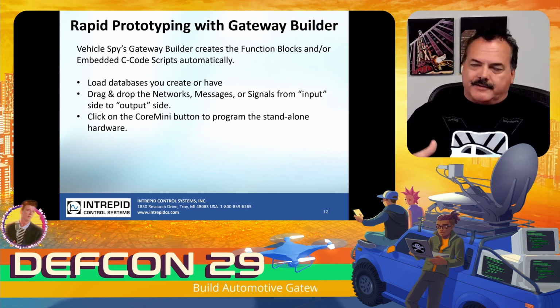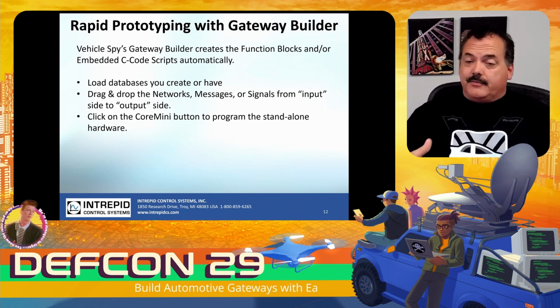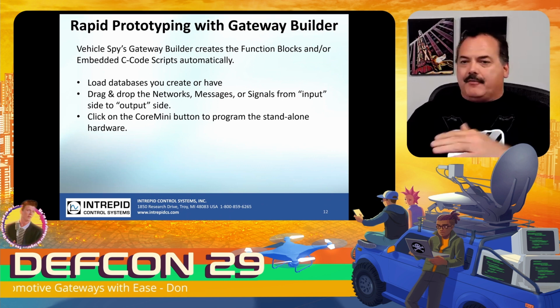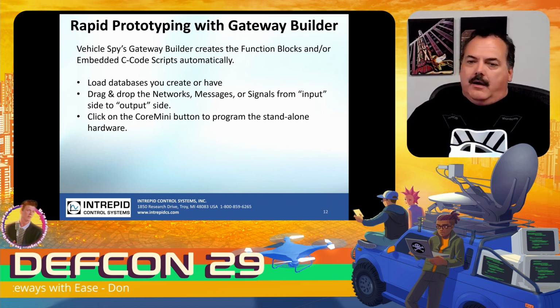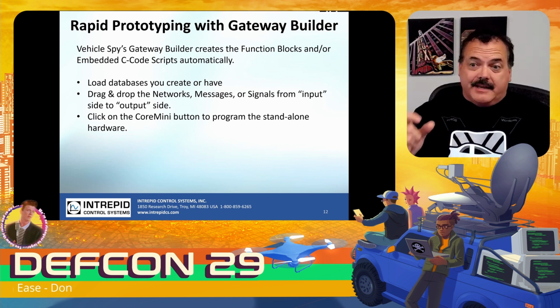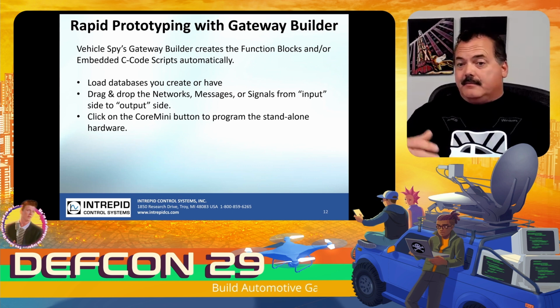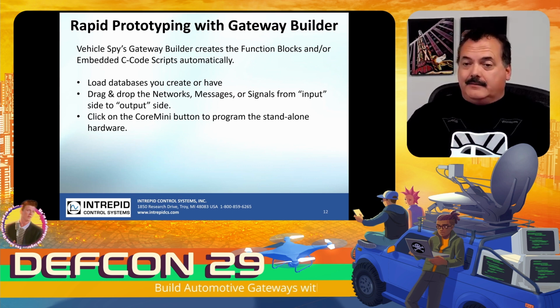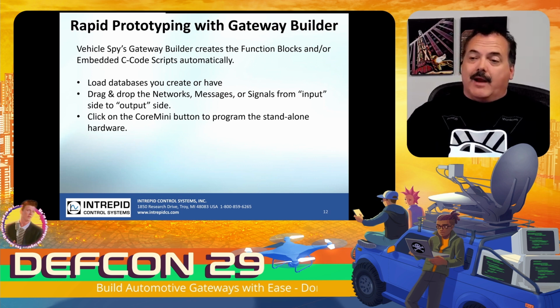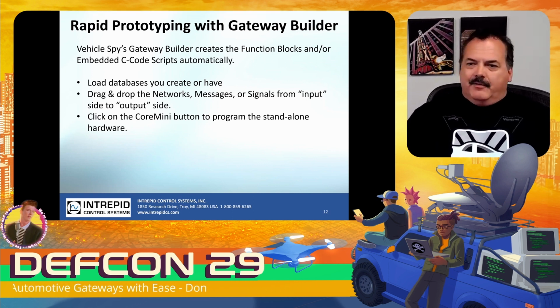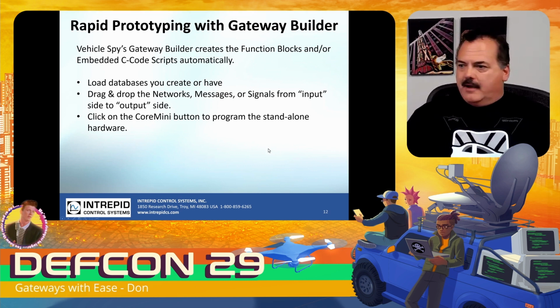You can create multiple layers of these so that you can do things like pass one entire frame as it is every time, or pass a single signal and then lock down what the other values are. But in any case, once you create it, you can click on a button that downloads that programming into the standalone hardware.